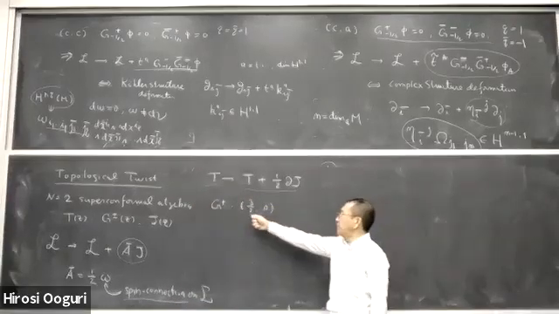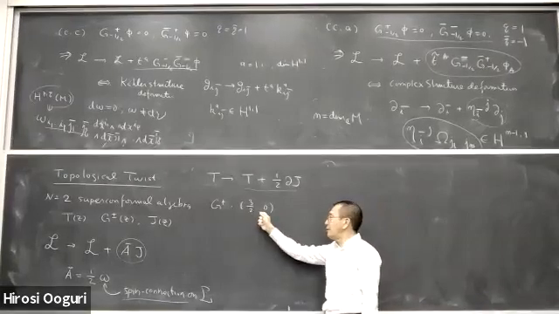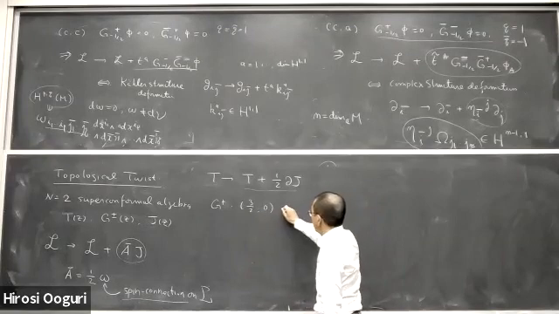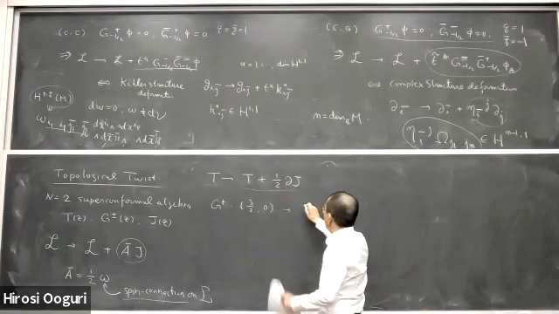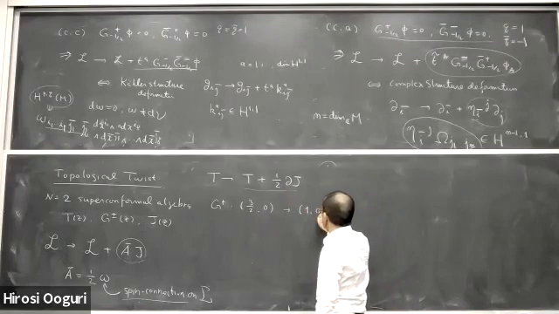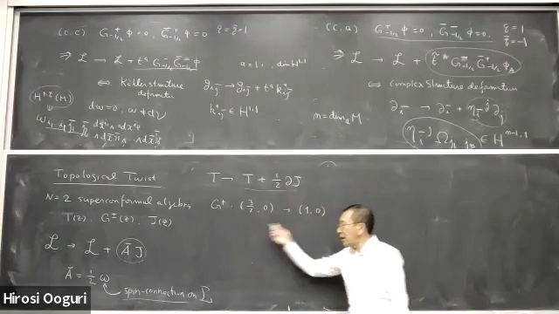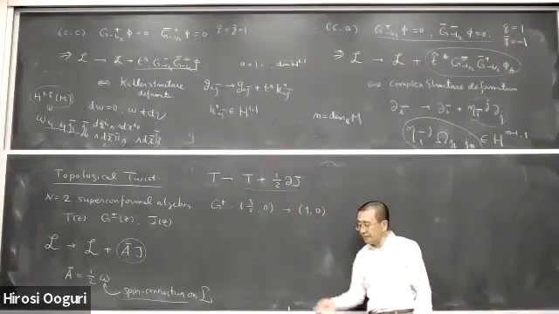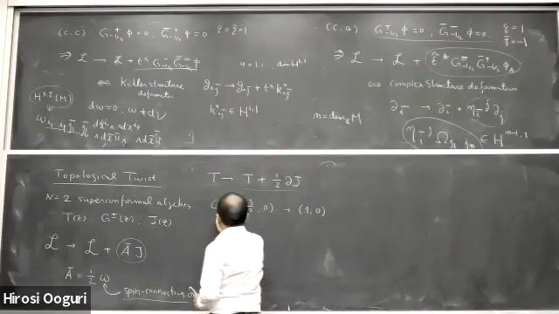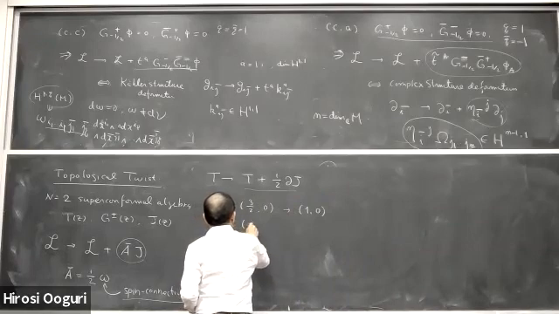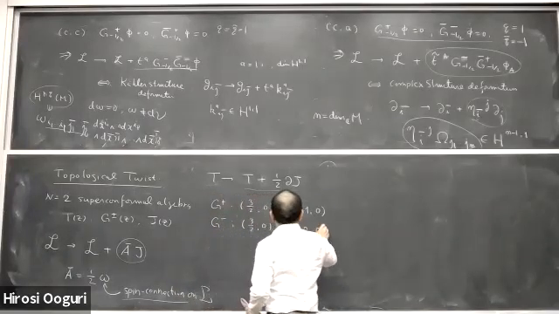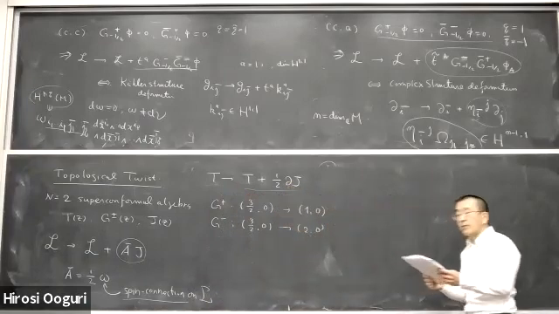It has left-moving conformal dimension 3/2, right-moving conformal dimension 0 because it's conserved. But after this deformation, it becomes dimension (1, 0), just like the current J. It has the same dimension as an ordinary current. And G minus used to be dimension 3/2, but now it becomes (2, 0) by this new energy momentum tensor.